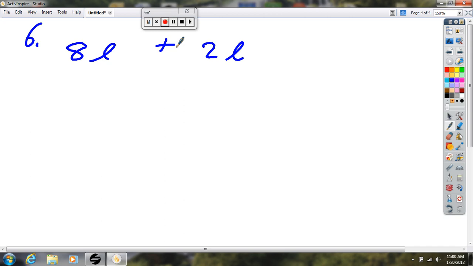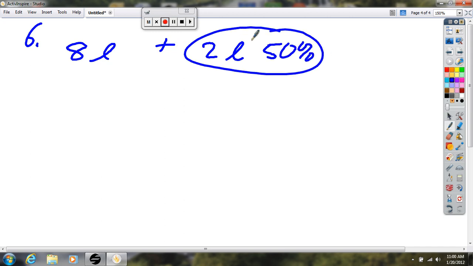So where does the 50% go? With the 2. He mixed this one with 2 liters that contains 50%. The 2 liters contain the 50%. They go together.